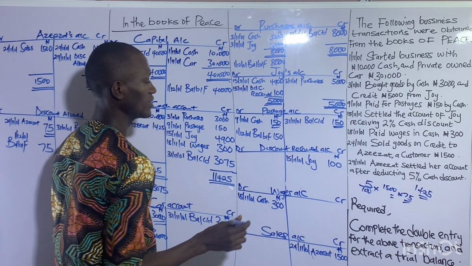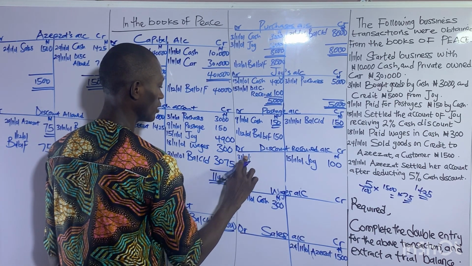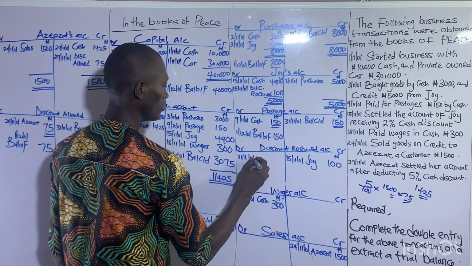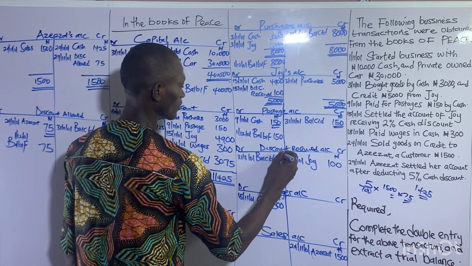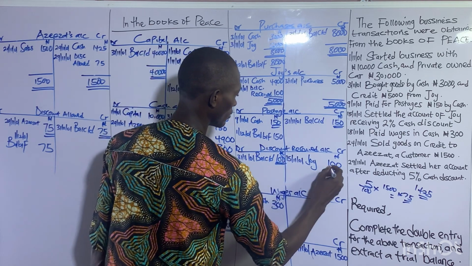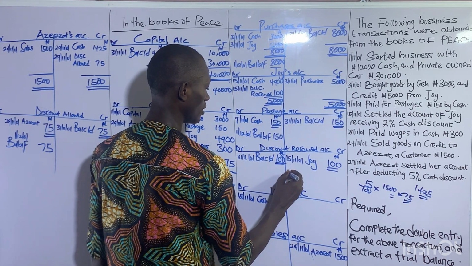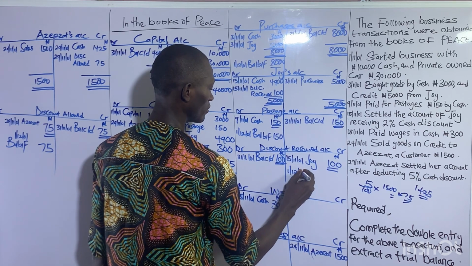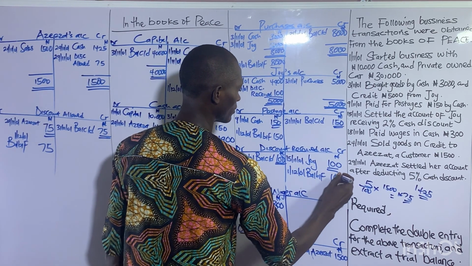Then discounts received now. We have 31st 11/01. Balance carried down, that's 100. Then for every balance carried down, we have balance brought forward for the new period now, that's 100.